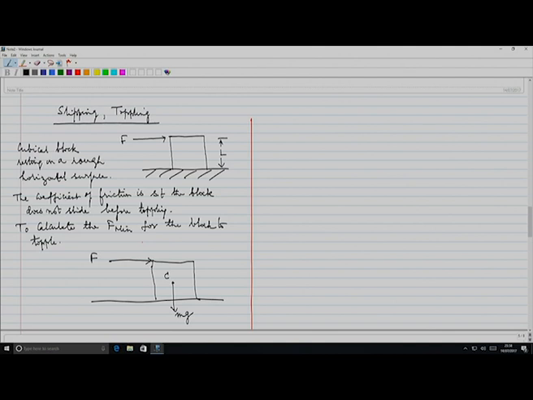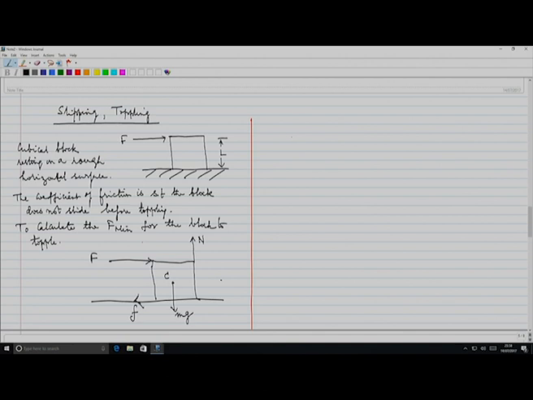However, since the horizontal force is there, gradually the normal reaction would move and it will exactly topple when the normal reaction coincides with the side of the cube. Since it has a tendency to topple like this, the frictional force has to act in this direction, opposing the motion.